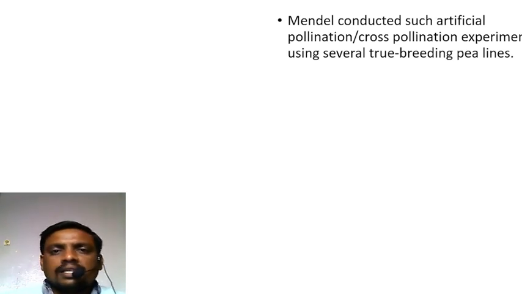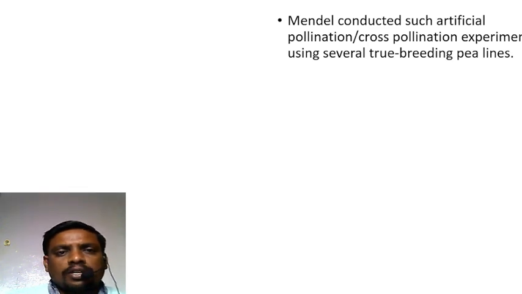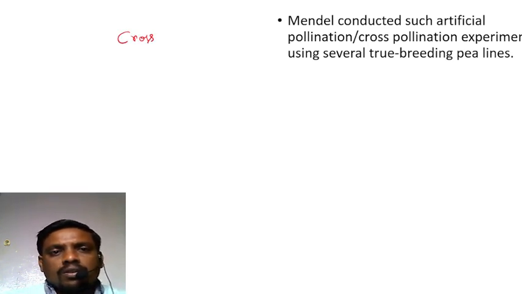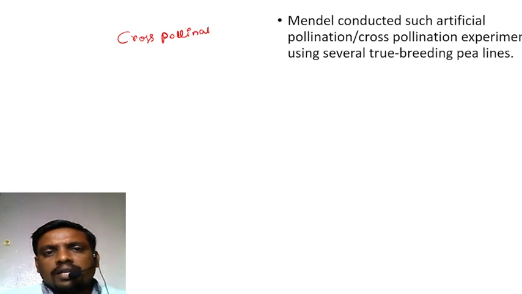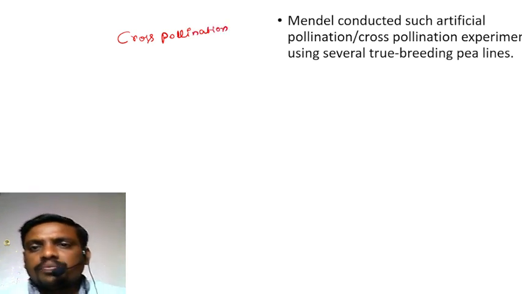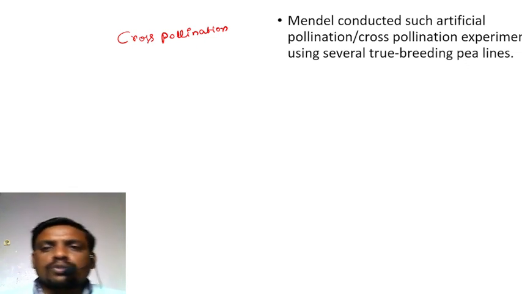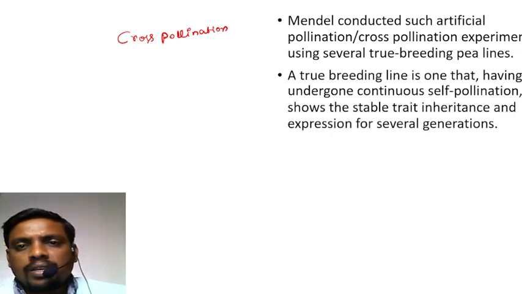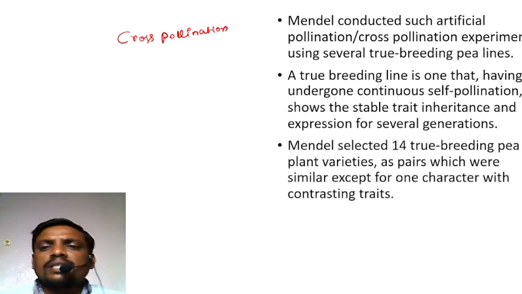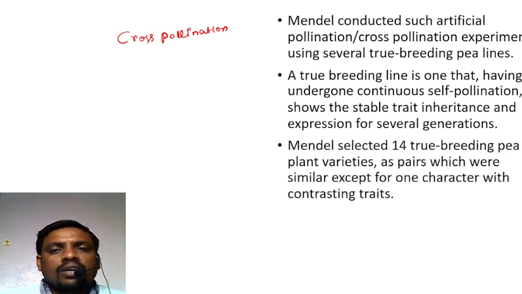Mendel conducted several artificial cross-pollination experiments using true-breeding pea plants. A true-breeding line is one that has undergone continuous self-pollination.